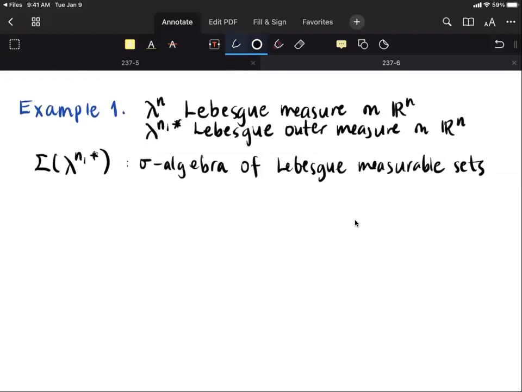And recall that by measurability, we mean in the Caratheodory sense.